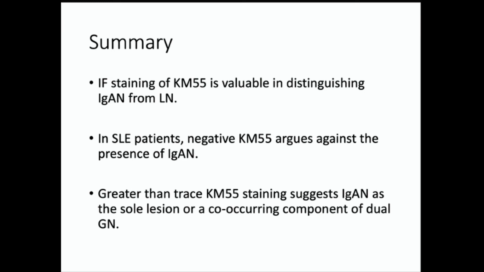That means the patient may have just lupus. However, KM55 staining greater than trace suggests there might be a component of IgA nephropathy, even for patients with lupus. So that's all the pathology findings.